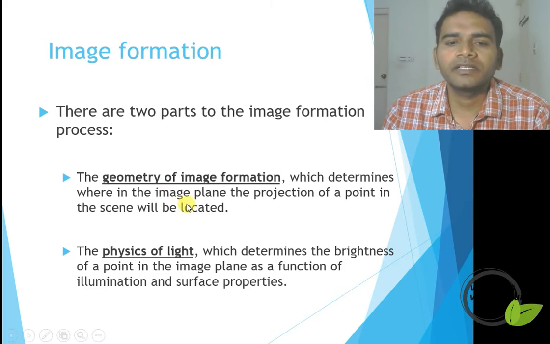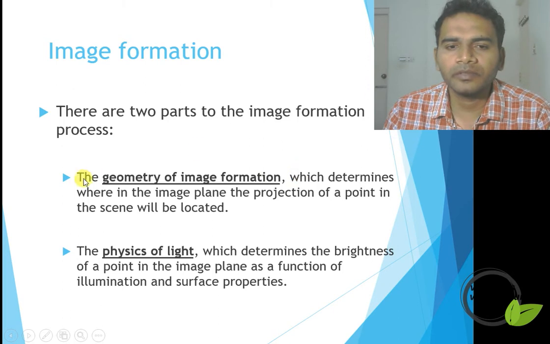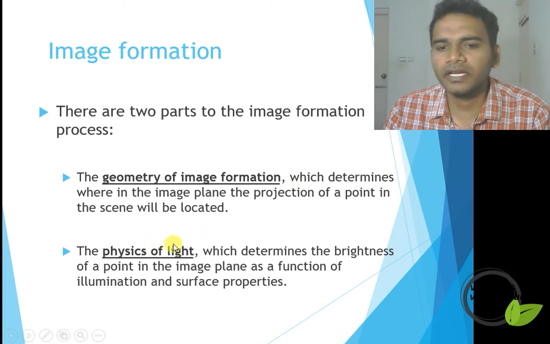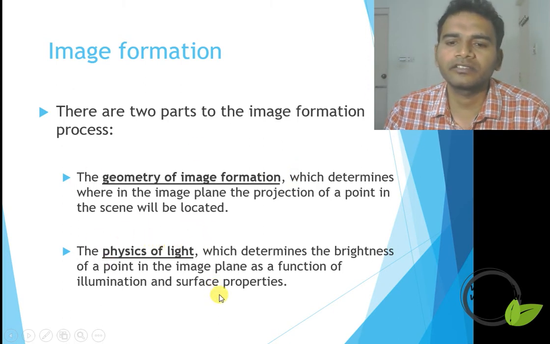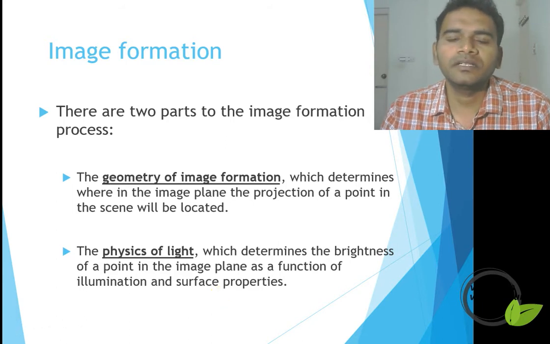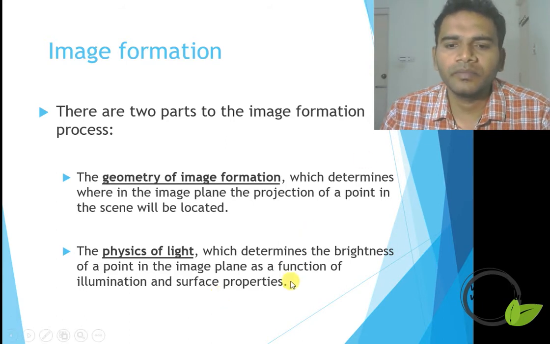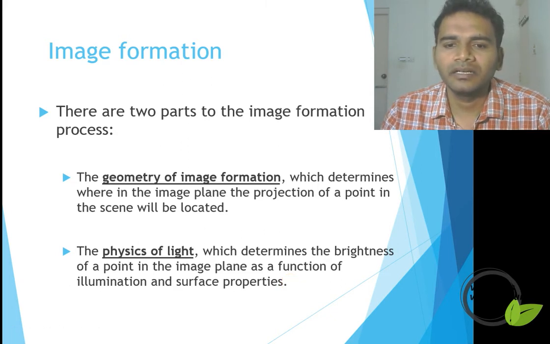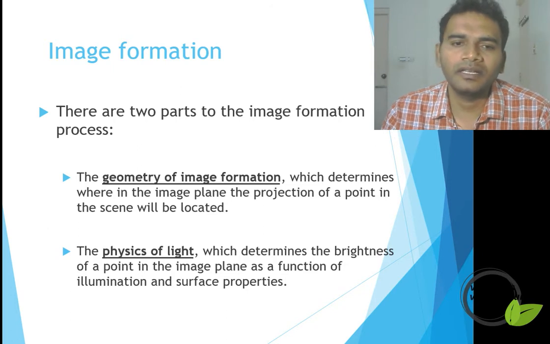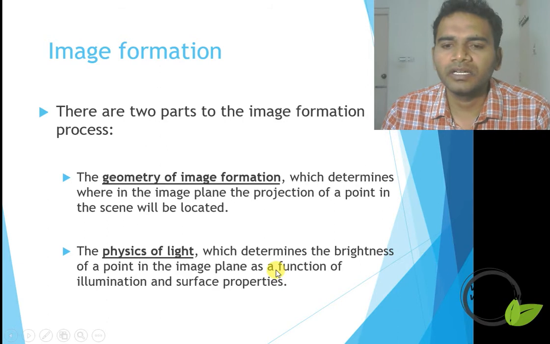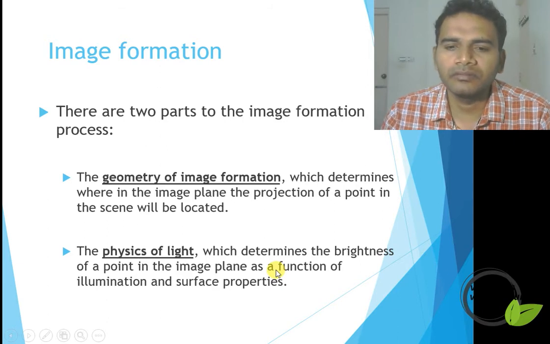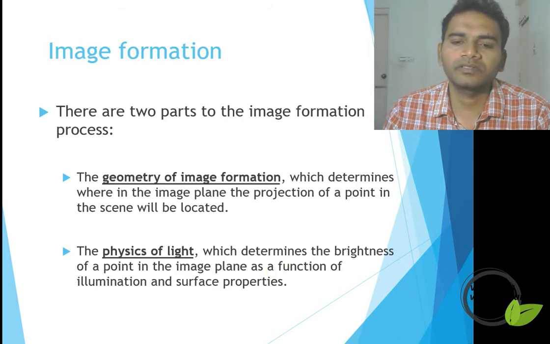So geometry entirely depends upon the sensor, and the physics of light depends upon what kind of light source you are using. Generally, for better photography and image perception, we go with a distributed light, where it is distributed throughout the entire area in a very good format. Especially professional photographers use a typical dispersed light, which is very well distributed and gives a better quality image.